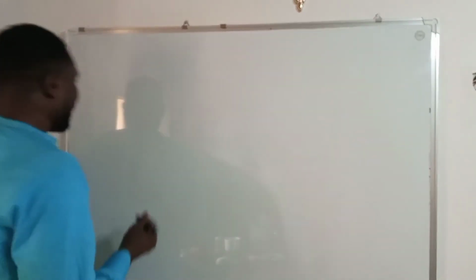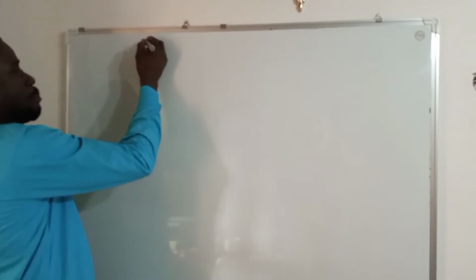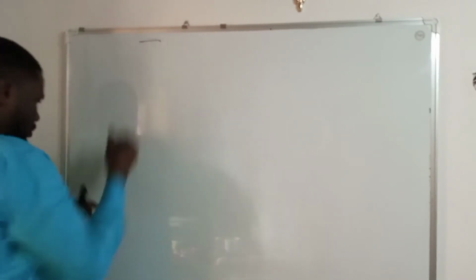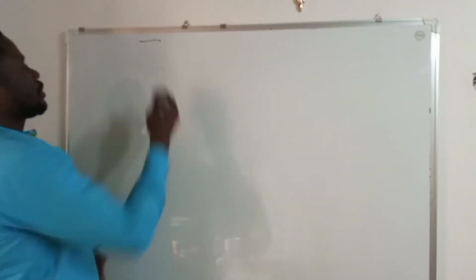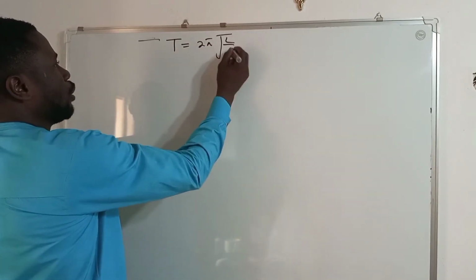So let's react to the question. The question says we should show or derive the formula of the period of a simple pendulum, which is usually T equals 2 pi the square root of L all over g.